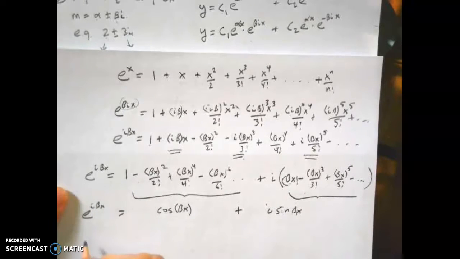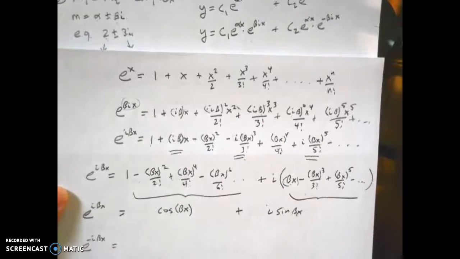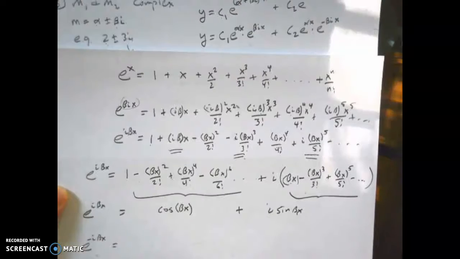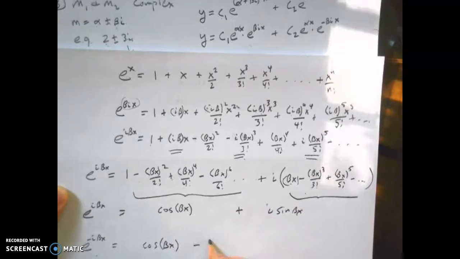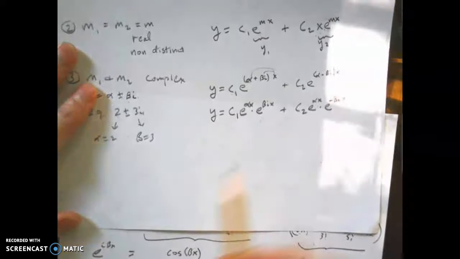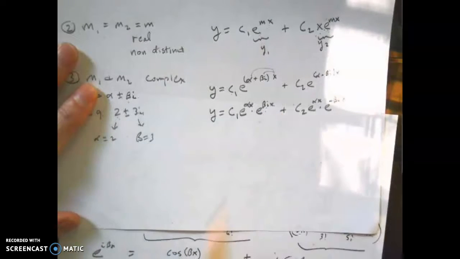Now, when we do the other one, e to the negative i beta x, I'm not going to go through that entire thing, but what you're going to get is cosine beta x and then minus i sine beta x. Okay, so these two things, we're going to go back over here, to this page, and this e to the i beta x, I'm going to replace with this thing.